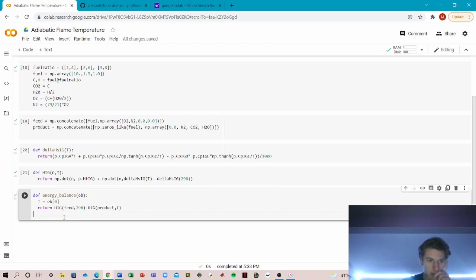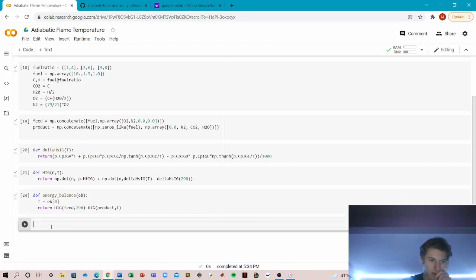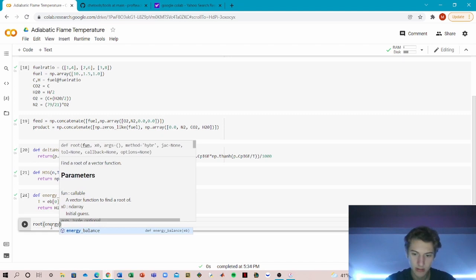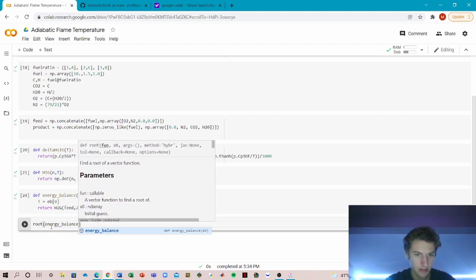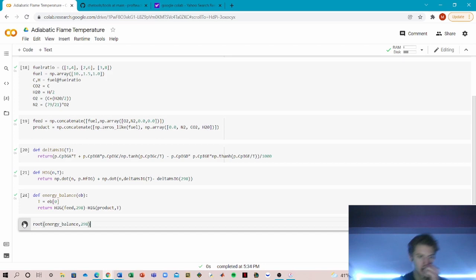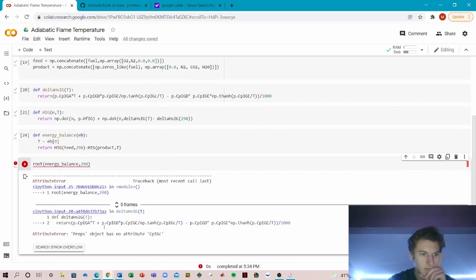Then, I'm going to leave that space. Then, last but not least, we need to use the root to give us an answer. So, root energy_balance, comma, 298. And then we run it.